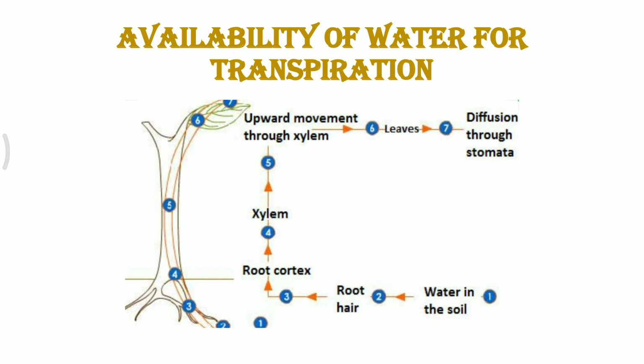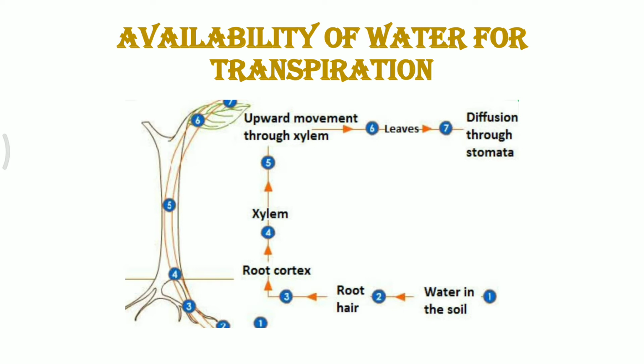Soil has presence of water, and from the soil water is absorbed by the root hair, the outer epidermal cell of the root hair, by the process of imbibition. Once imbibition has occurred, water has moved inside the dead part of the root hair cell, or just the cell wall of the root hair.